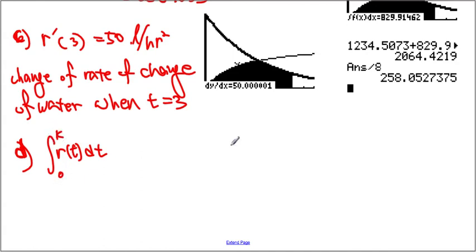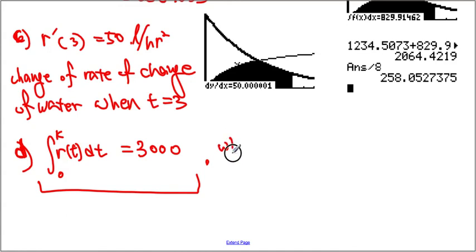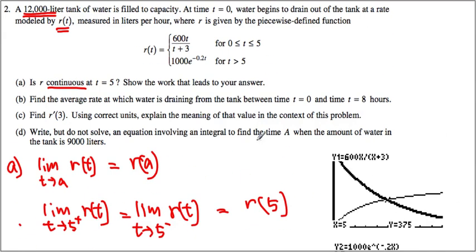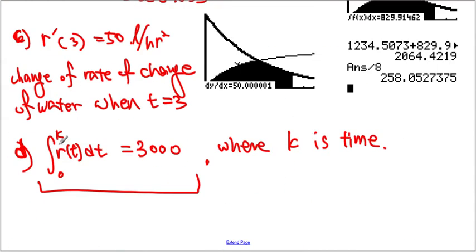I don't know what k is, but that has to be equal to 3,000. And where k is time. Alright, and I believe time A, okay, we just have to change k into A.